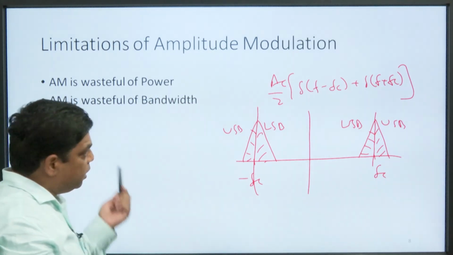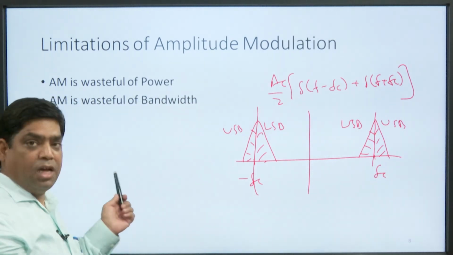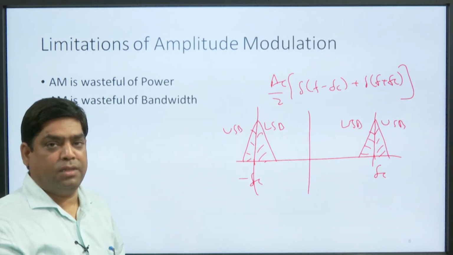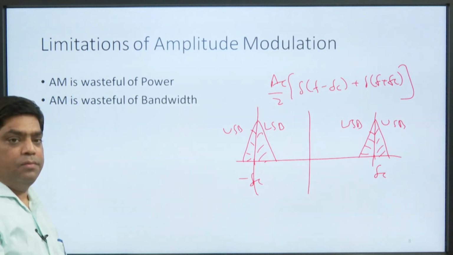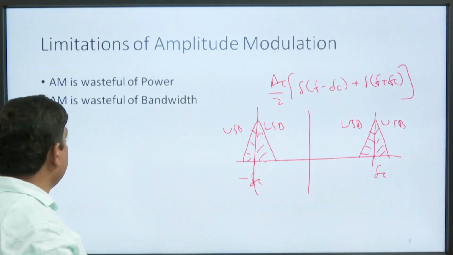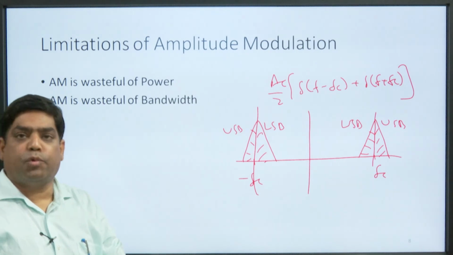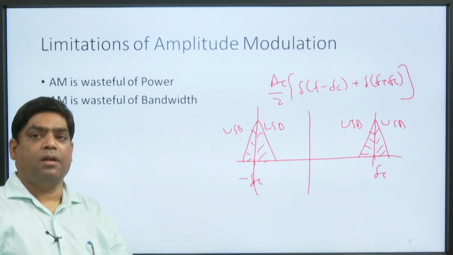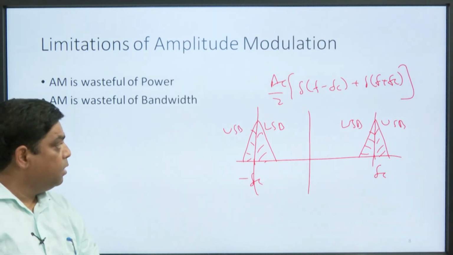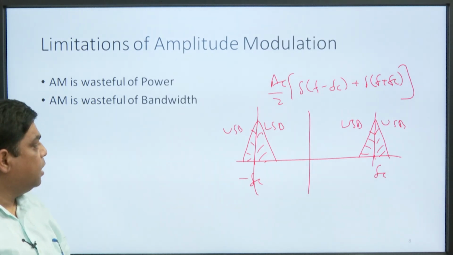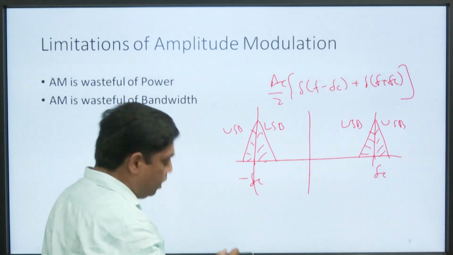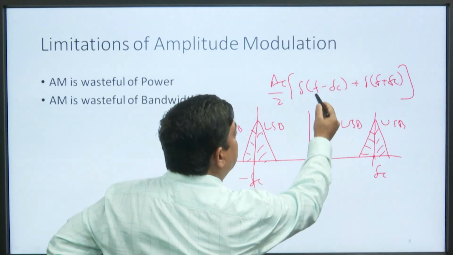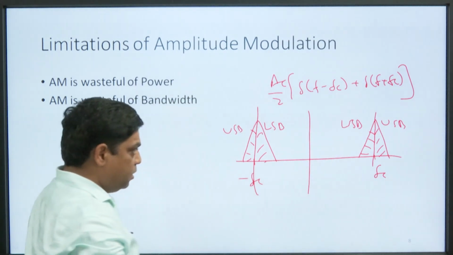So in the case of AM, it is wasteful of bandwidth and wasteful of power also. To improve over the limitation of amplitude modulation, we will try to transmit the signal s(t) without the Ac/2 δ(f − fc) term.